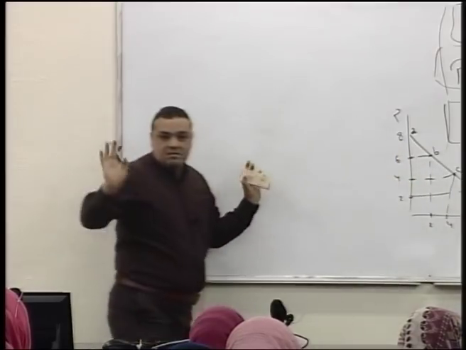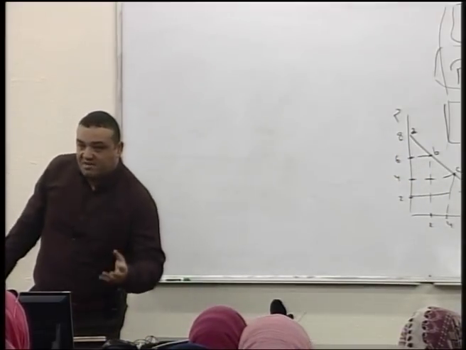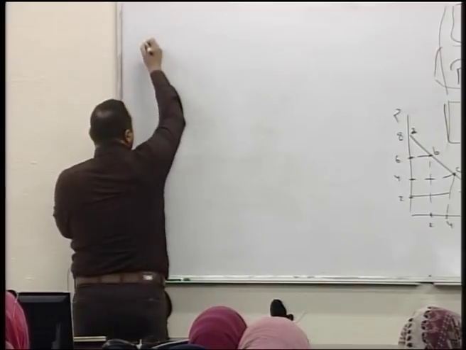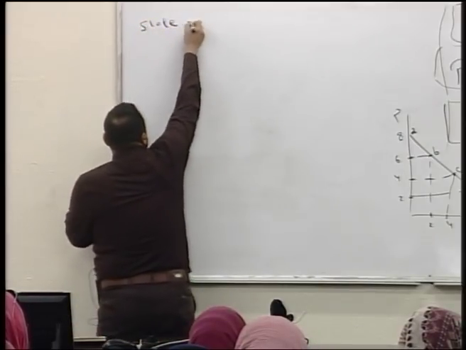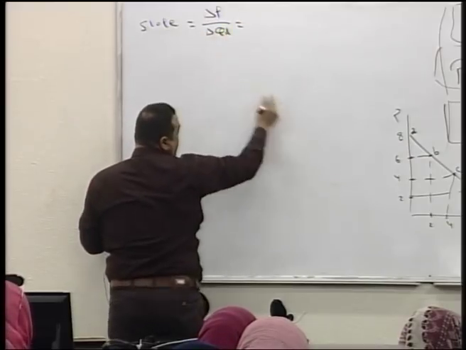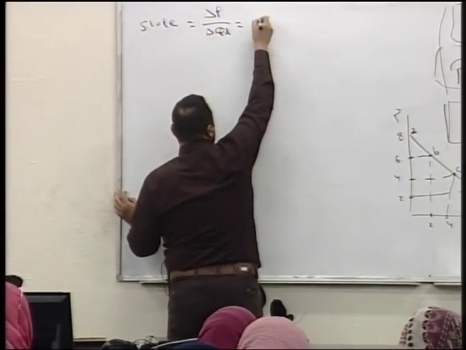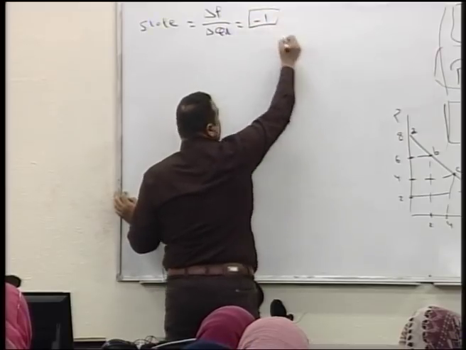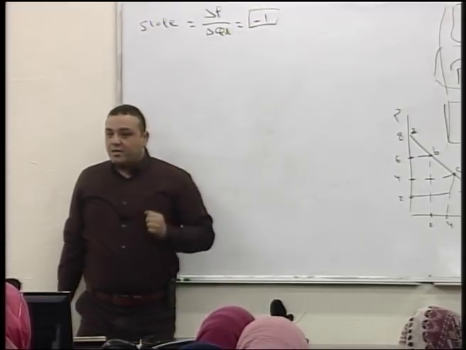It is a negative slope, a negative sign. Then the slope equals change in price over change in quantity demanded, equals 8 over minus 8, which is minus 1. And this is fixed at all points.